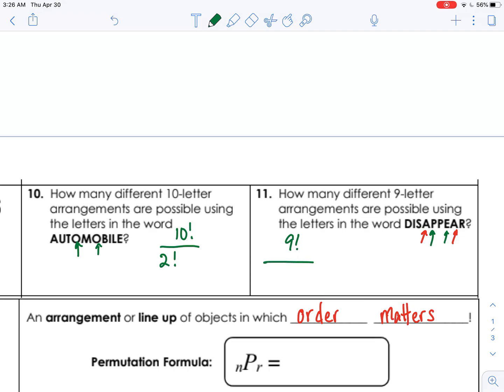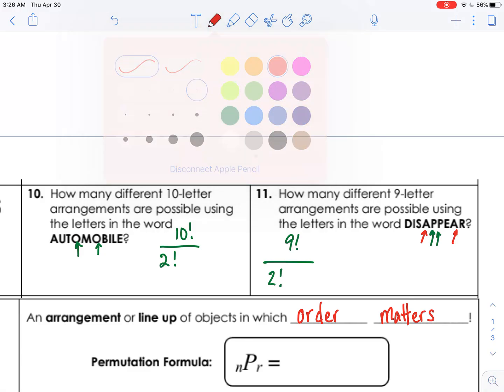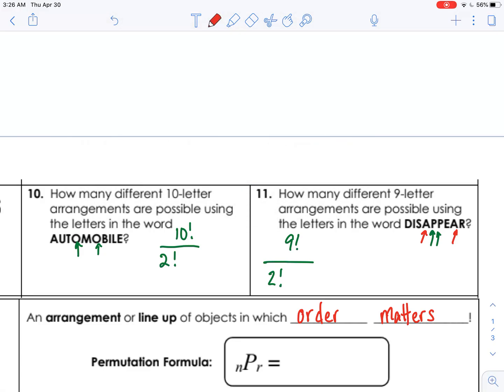And now how many letters do I have repeated? Well, P is repeated twice, so that's 2 factorial. And A is repeated twice, so that's another 2 factorial. So that's 2 factorial times 2 factorial down in the bottom here.